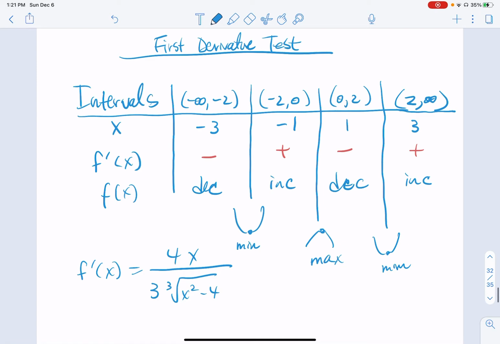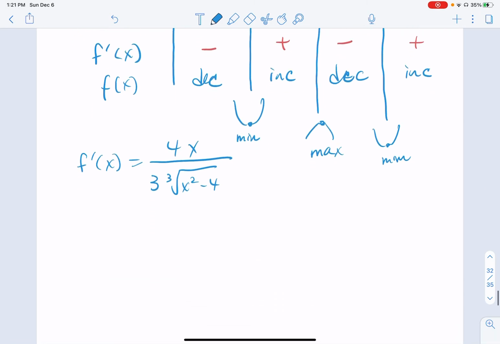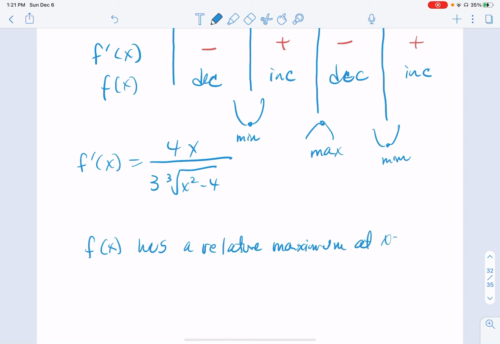Okay, and once again, if I were going to justify any particular one of these, let's say at 0, f of x has a relative maximum at x is equal to 0, because f prime of x changes signs.